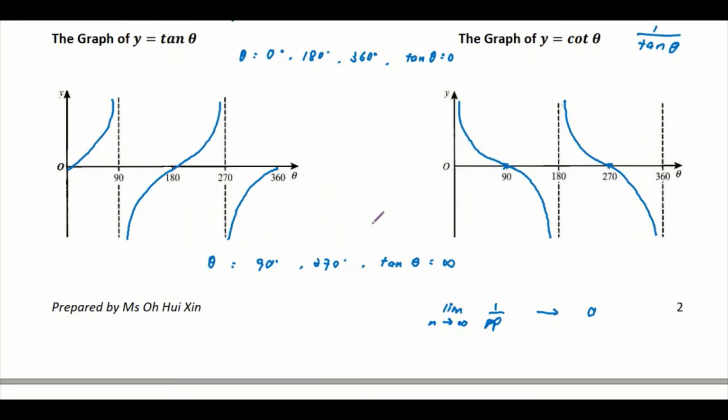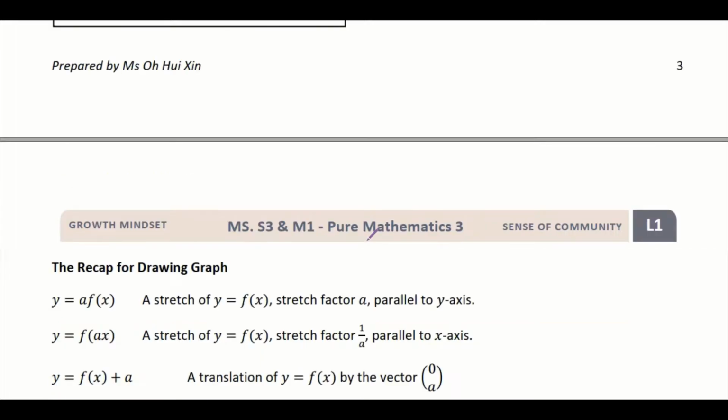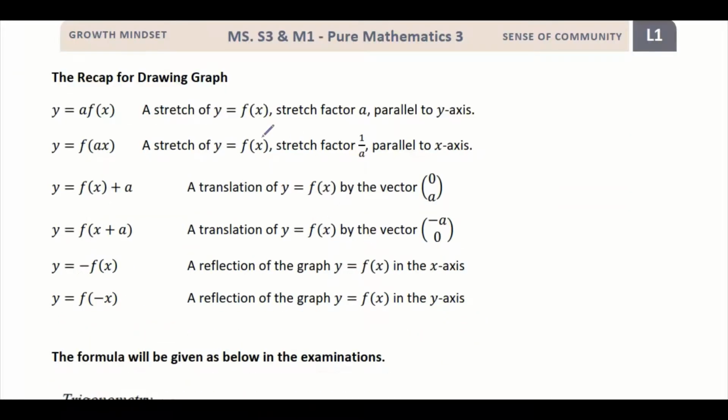For the graph part, I'm not going to repeat what we have learned previously, which is the transformation of the graph. You already know that if you have, let's say, cosecant x plus 1, you should be able to take a vertical displacement of 1 unit upwards.